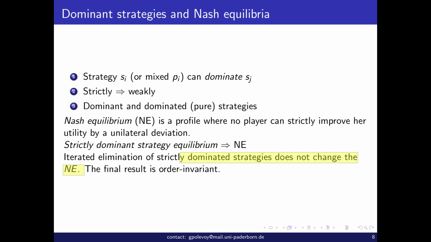If you have a strictly dominant strategy in the original game, then it's also strictly dominated in the mixed extension. So that immediately says that the iterated elimination will not change the set of mixed Nash equilibria.